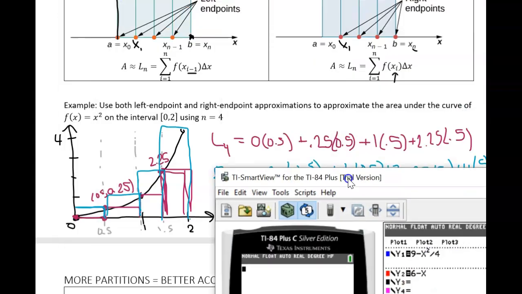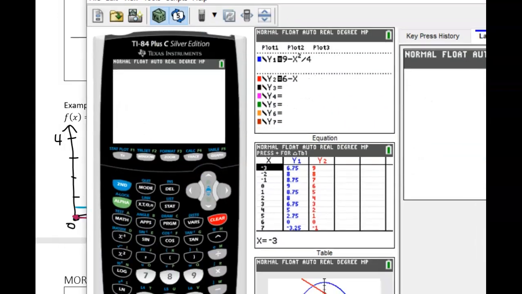So we're going to do 0.25 times 0.5 plus 1 times 0.5 plus 2.25 times 0.5. I did skip the 0 because it's going to equal 0. So we get 1.75 for our left-hand approximation.